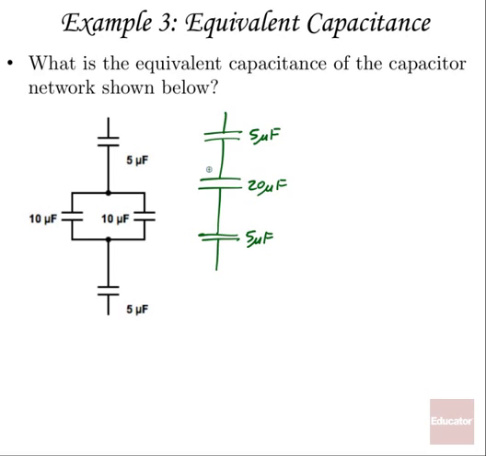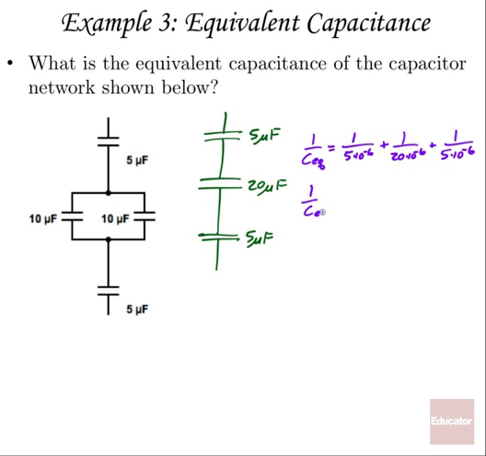So let's find out the equivalent capacitance of this network. 1 over the equivalent capacitance is going to be 1 over 5 times 10 to the minus 6, 5 microfarads, plus 1 over 20 times 10 to the minus 6, 20 microfarads, plus 1 over 5 times 10 to the minus 6 again.